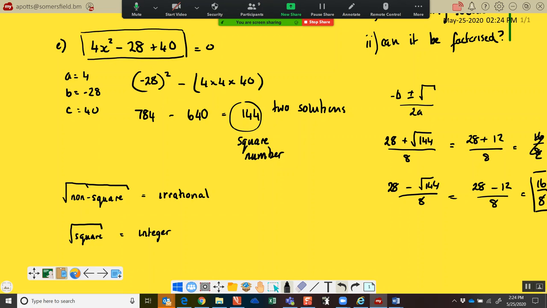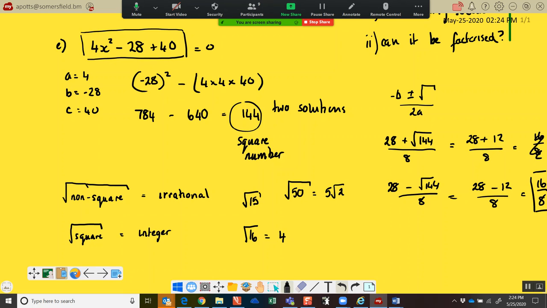And we've looked into that with our surds, you know. If we do the square root of 16, the answer is 4. But if I do the square root of a prime number, I can't do it. It stays as it is. If I do the square root of 50, which isn't a prime number, that changes to 5 root 2, and it has a prime factor in there, doesn't it?